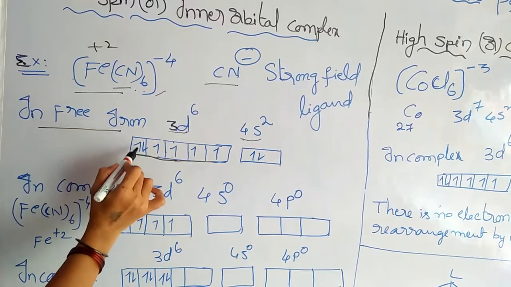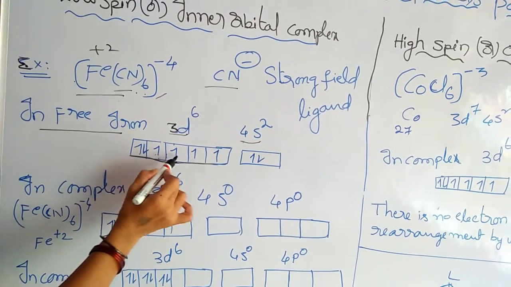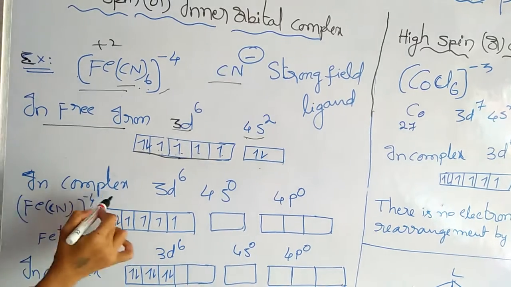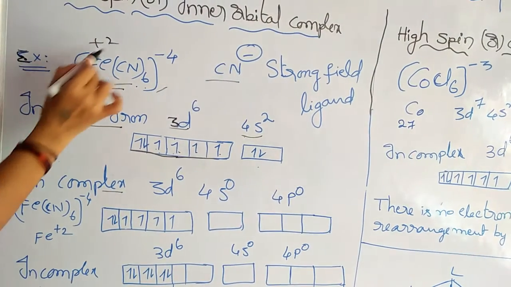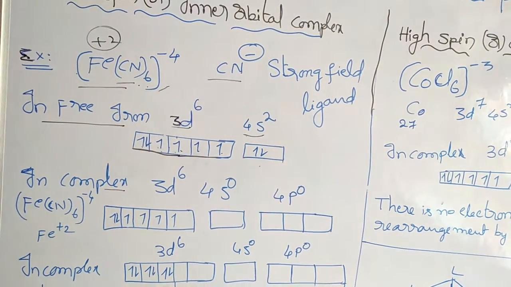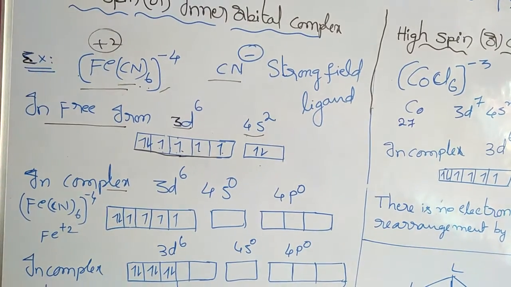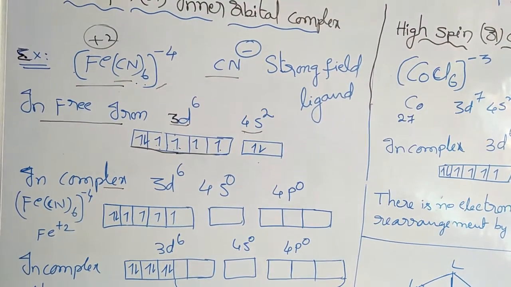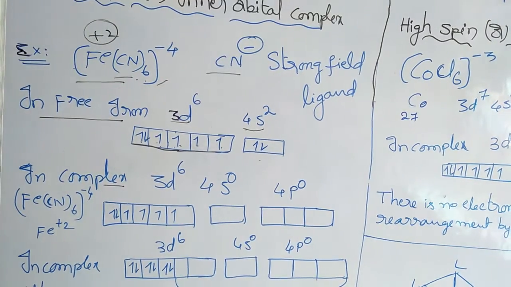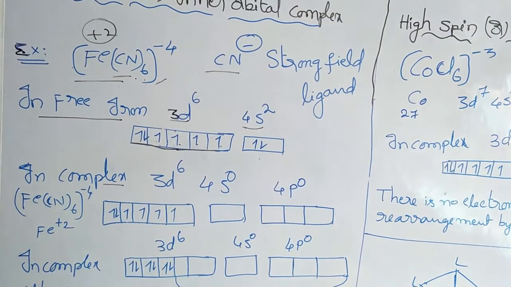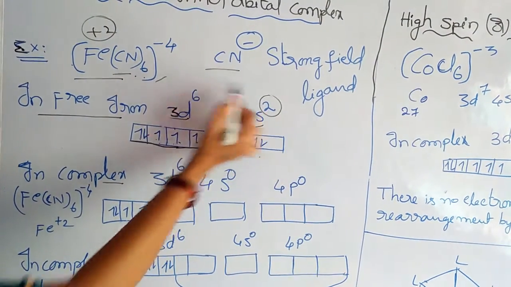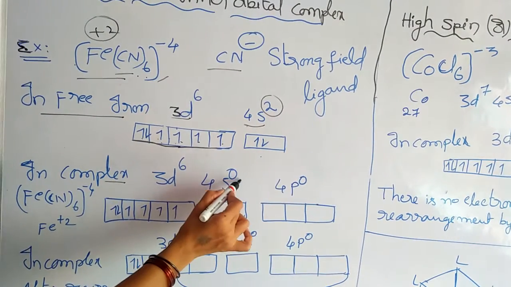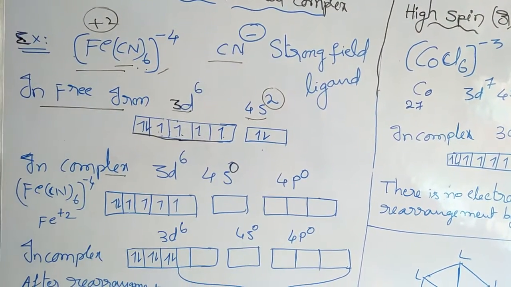In the complex, iron has a plus 2 charge, so it loses 2 electrons from the 4s orbital. So 4s is now vacant.